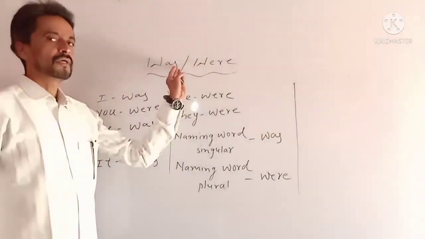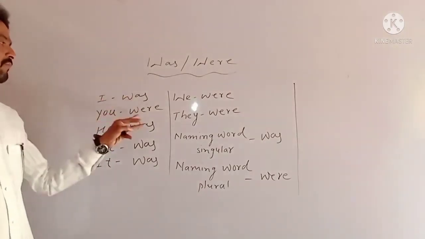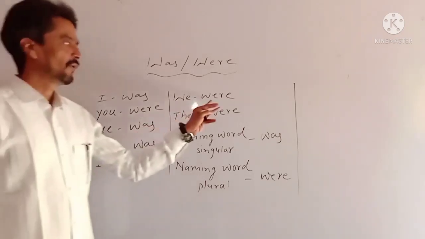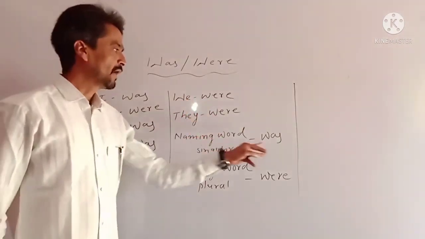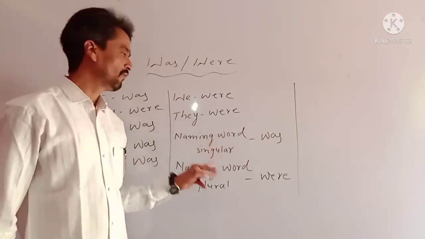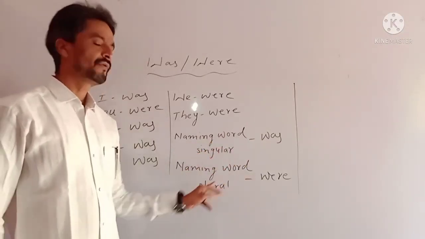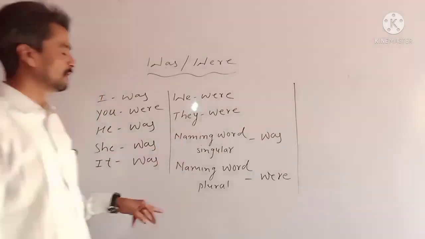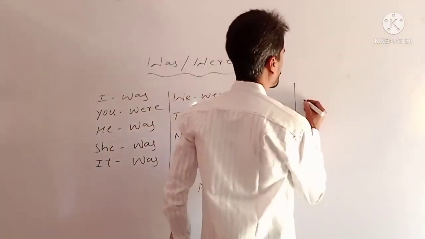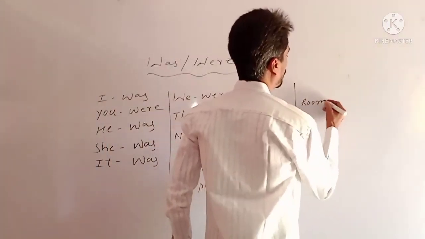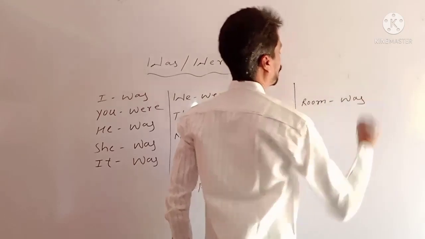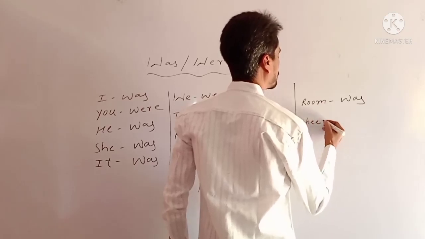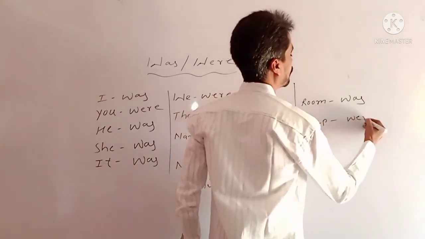Was and were. Uses of was and were. We can use was with I, were with you, was with he, was with she, was with it, were with we, were with they, and was with a naming word which is in singular form, were with a naming word which is in plural form. For example, room was, sheep were.